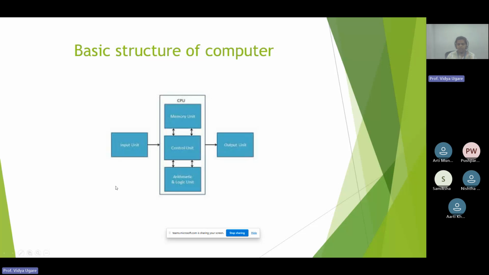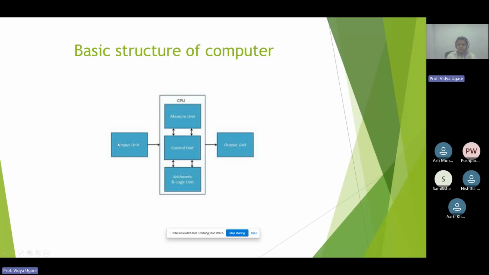Okay, so in this structure, as you can see, the CPU is belonging or connected, or you can say inserted, on the motherboard.